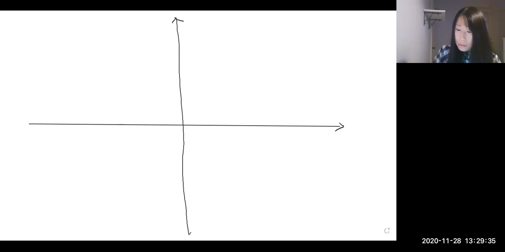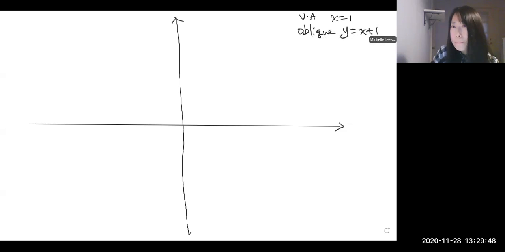We know that the vertical asymptote is at x equal to 1, we know that there is an oblique asymptote y equal to x plus 1, right? What else we know? We have the y-intercept, x-intercept, 0, 0.